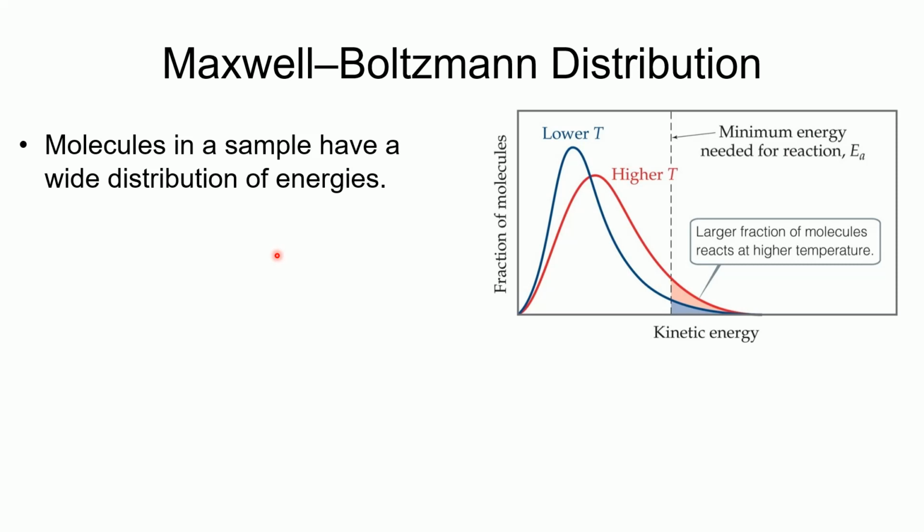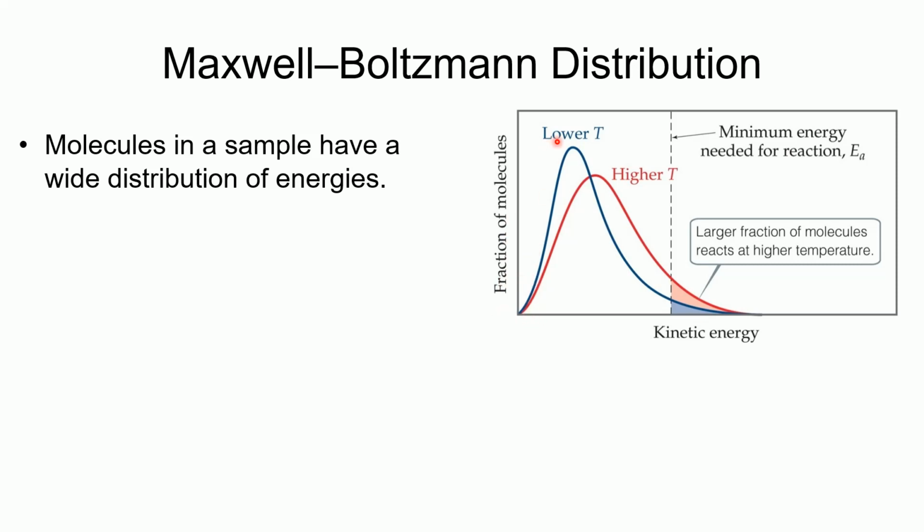We will find that the molecules in a sample have a wide distribution of energies. That distribution is represented by this curve. The higher the curve is, the larger the fraction of molecules that have that particular energy.